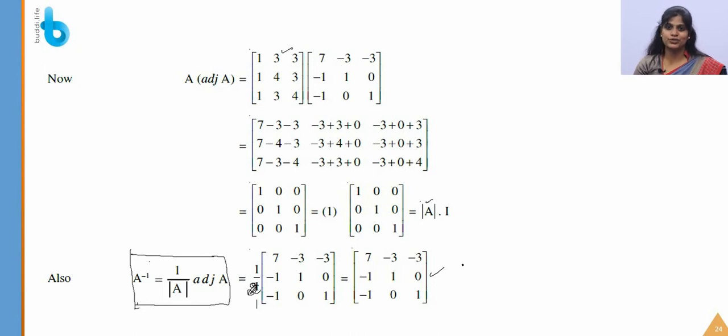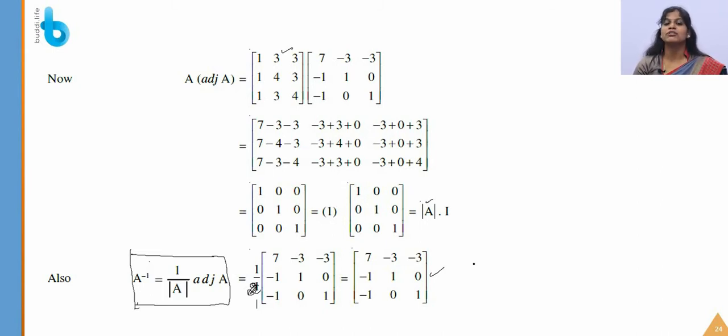So this is how you should find the inverse of any matrix. Before finding the inverse, you should check whether it is a singular matrix or non-singular matrix. You will get the inverse only if the given matrix is non-singular. Finding the adjoint of the given matrix is a long process, right?